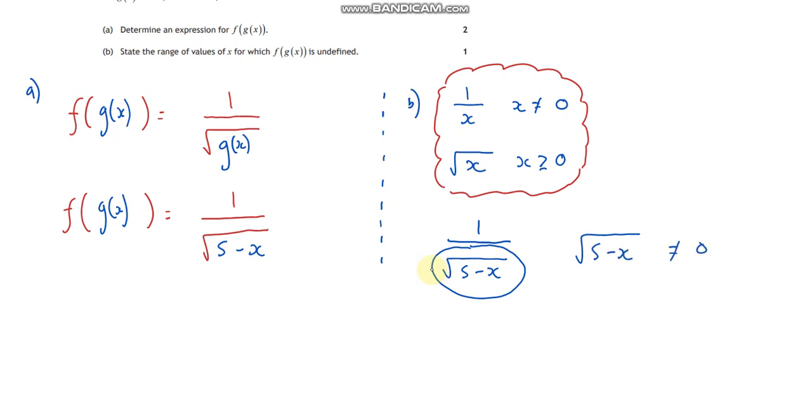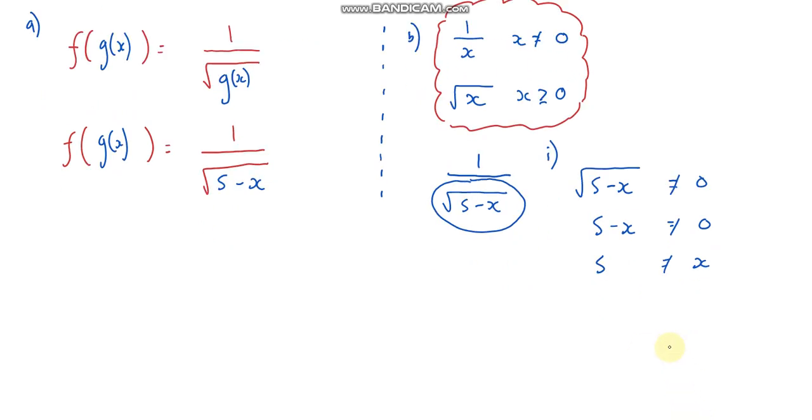That's our first one. So let's try and rearrange that to give us something for x. So if I was to square both sides, yeah, so 5 cannot be equal to x. Makes sense, doesn't it? If we put 5 in, we get 0. The square root of 0 is 0. 1 divided by 0, I can't do that, okay? So that's my first one.